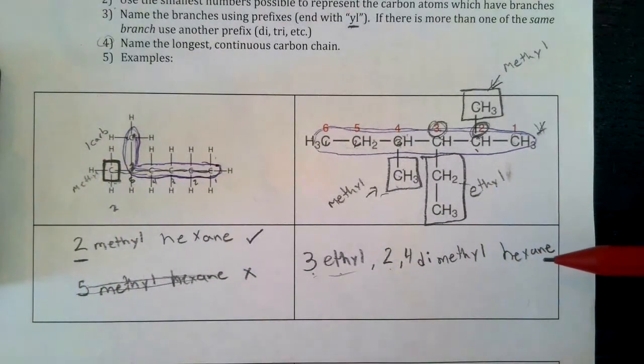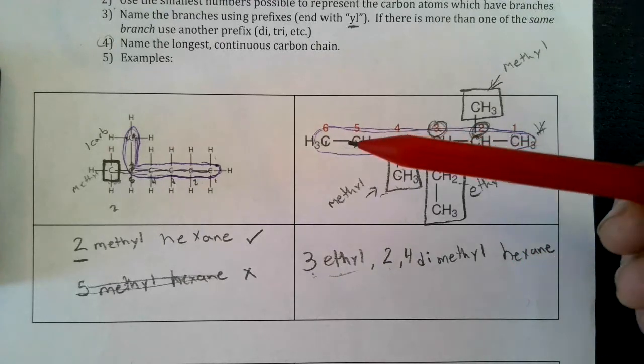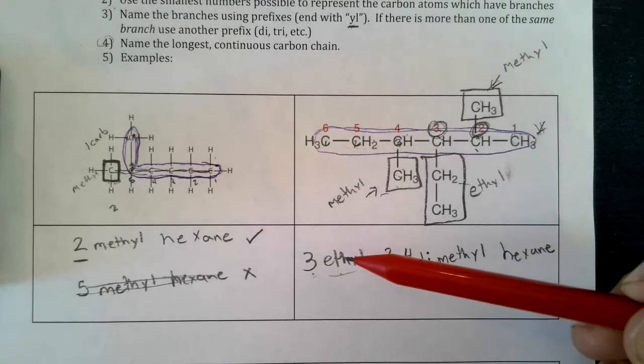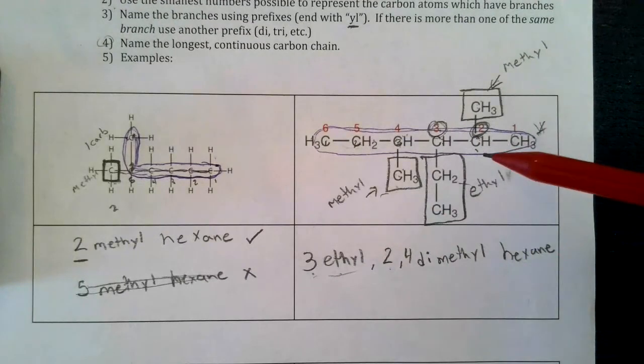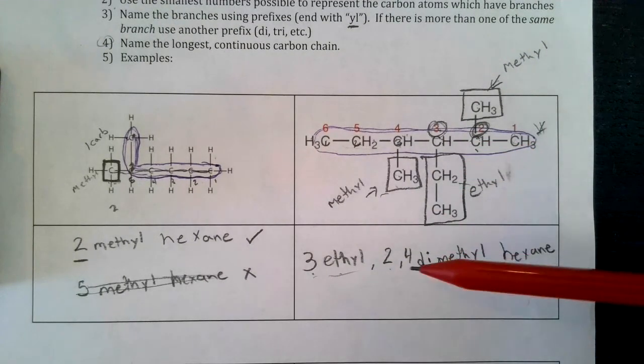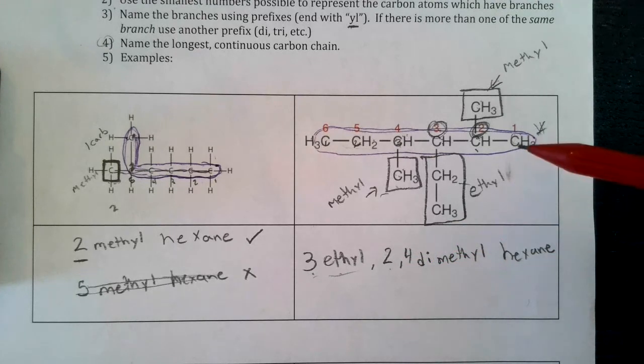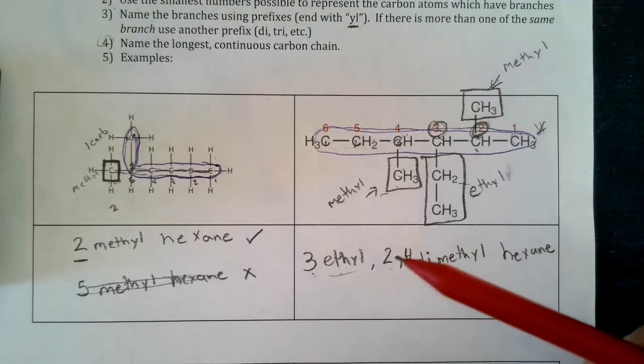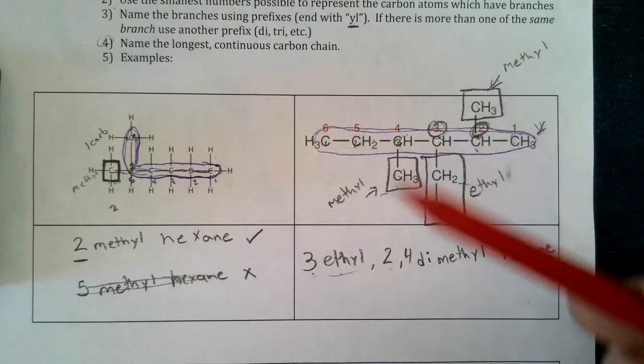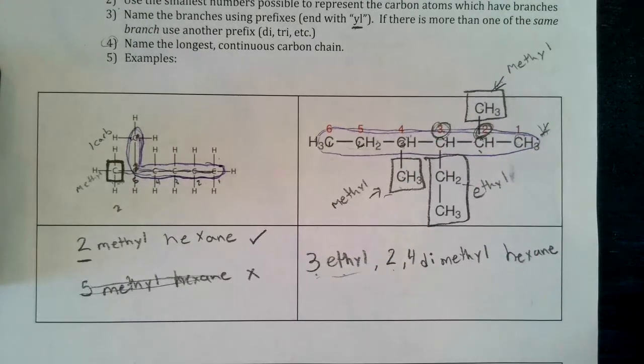Recap: hexane was a 6-carbon chain. On the third carbon, there was an ethyl. 1, 2, 3, ethyl. At the second and the fourth, there was a methyl. Methyl. Methyl. And so 3-ethyl, 2,4-dimethylhexane is how you would come up with the name for this.